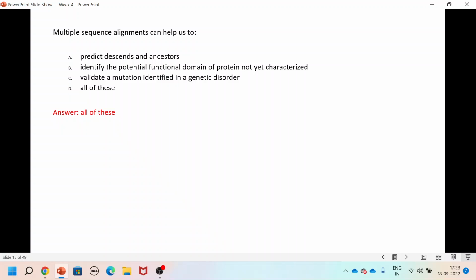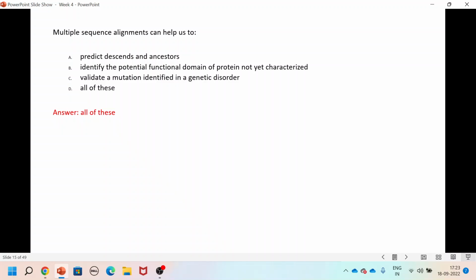By identifying the conservation in a particular region of a protein, or what we call a functional domain, we can say that since this region is conserved, it might be functionally important. There might be some regions which are highly conserved but whose functions are still unknown. By identifying those conserved regions, we can identify the potential functional domain of the proteins which are not yet characterized.